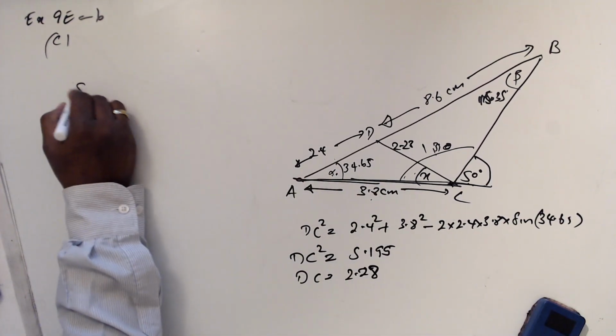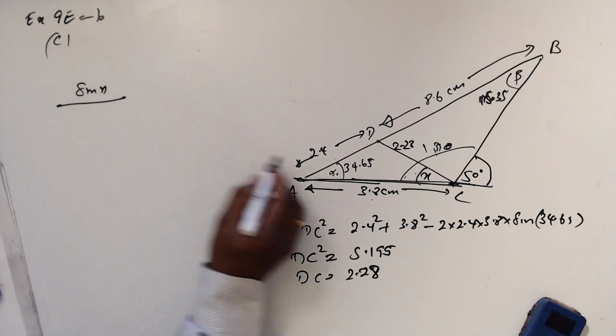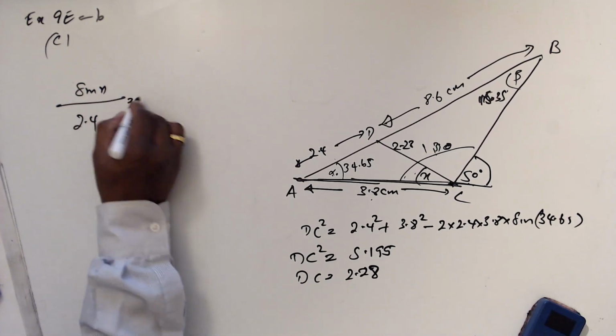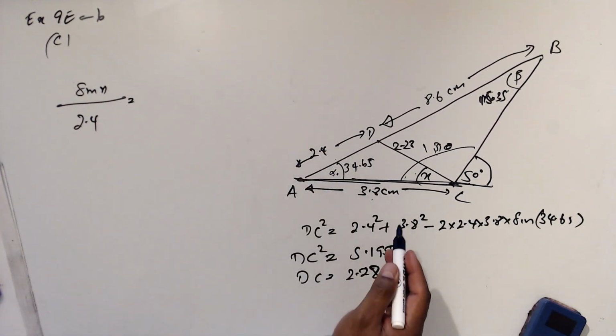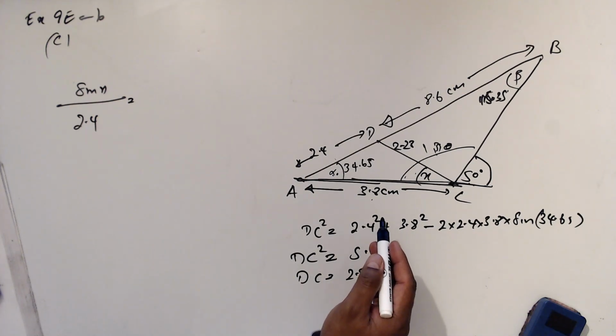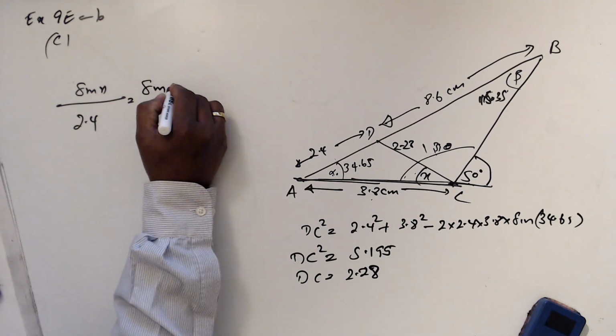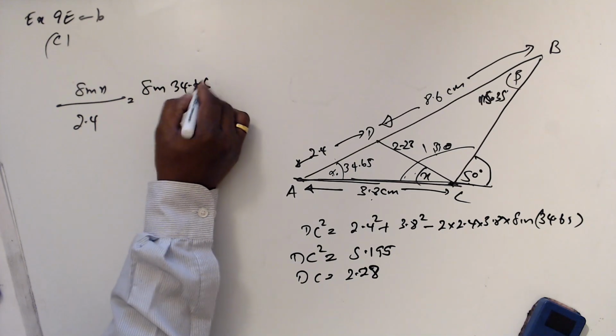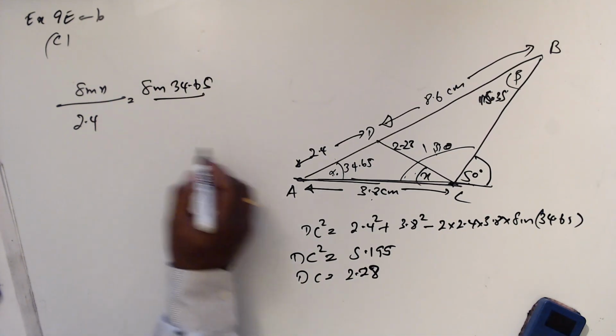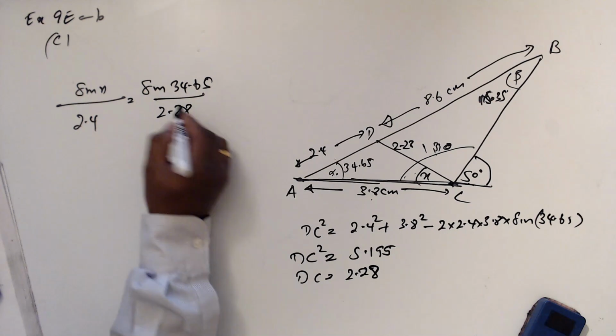Now we'll put sine rule again. Sine x over 2.4 equals sine 34.65 over 2.28.